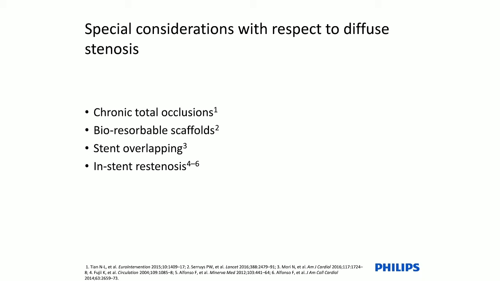Here it is of paramount importance to perform, as I mentioned before, a long analysis of the segments. In chronic total occlusions, it is not seldom that the vessel has undergone negative remodeling simply because there is a lack of antegrade flow.